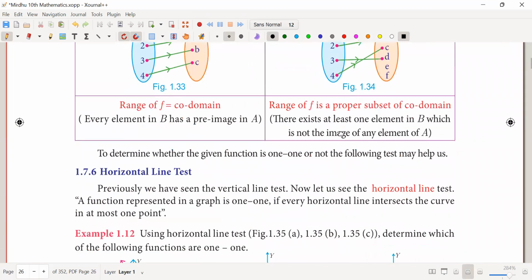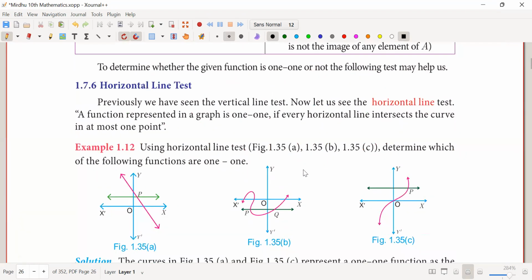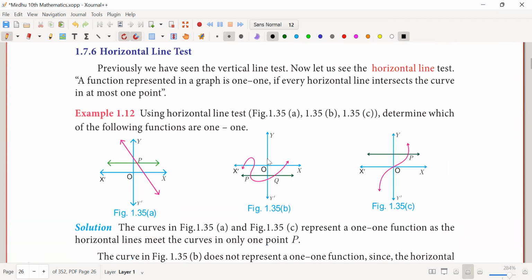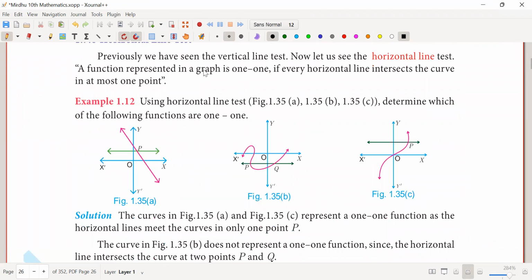Horizontal line. Previously, we saw the vertical line test, isn't it? Now we are going to do a horizontal line test. What will this horizontal line test show? A function represented in a graph is one-to-one if every horizontal line intersects the curve at most at one point.